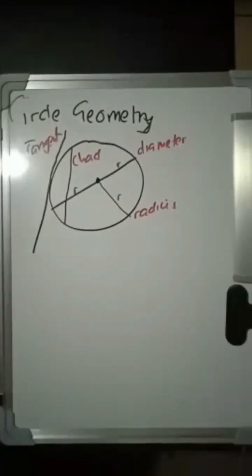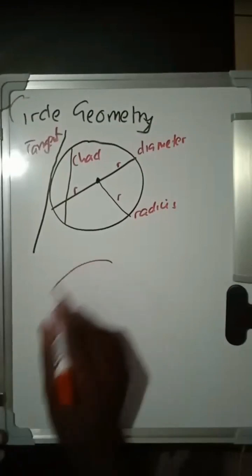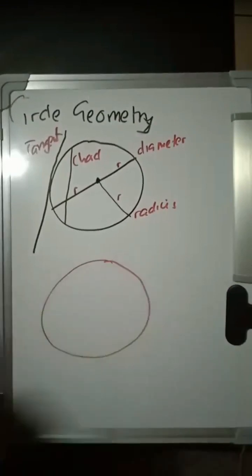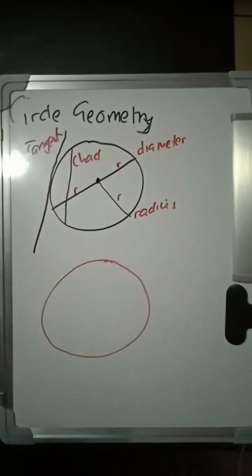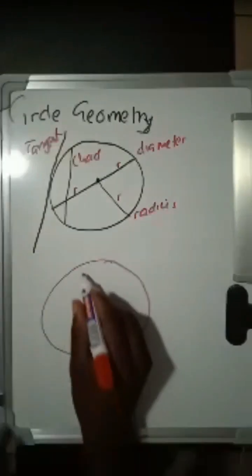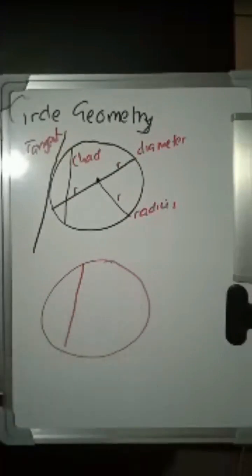Then if we look at the chord, guys, I'm gonna draw another circle. I hope it's visible there. The chord divides the circle into two segments.